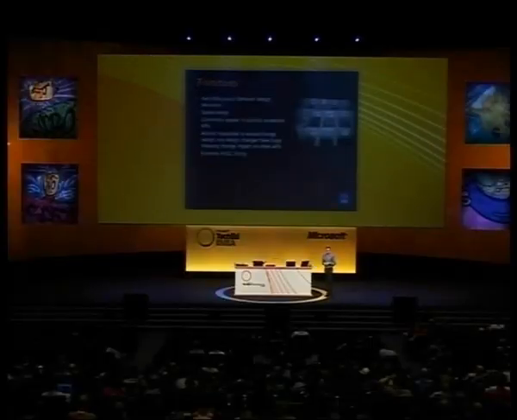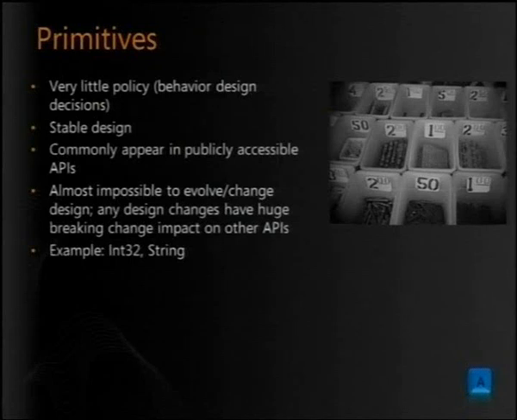So primitives. Primitives are just the basic types. It's best for primitives to have what I call the least policy. Policy is roughly behavior, but it's a bit more. It's a set of design decisions.